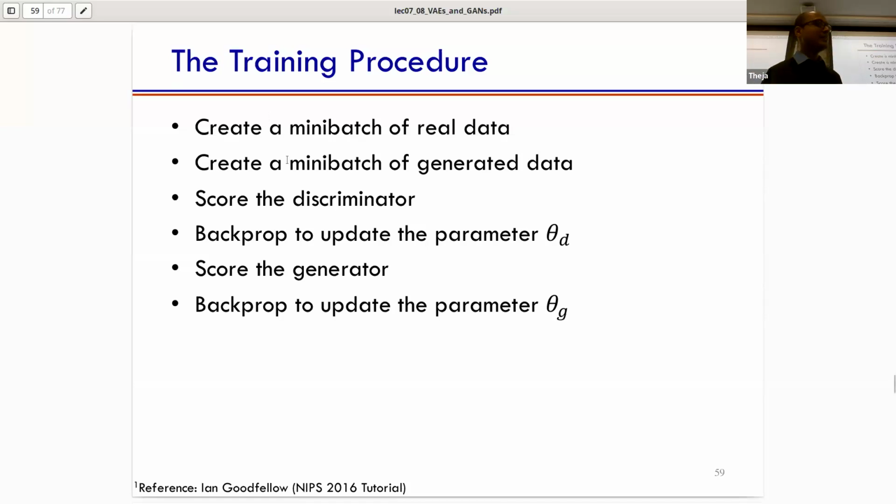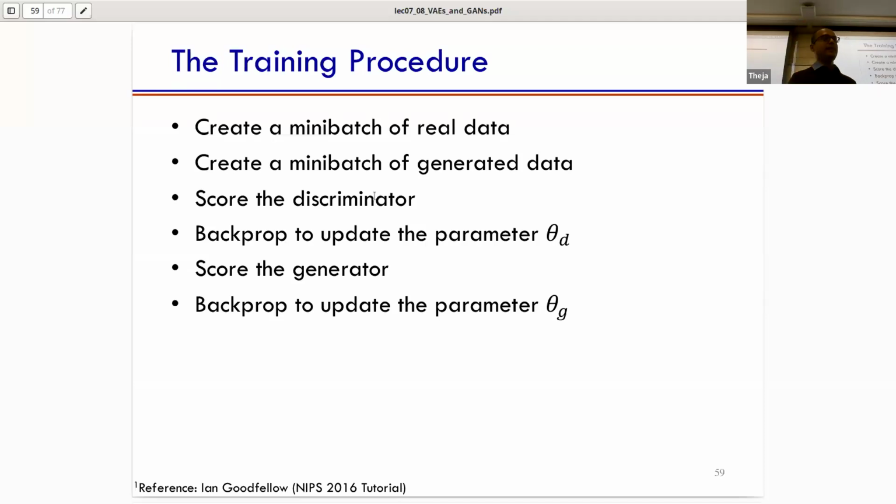Then given these two batches, you can score the discriminator, as in do the forward pass of the discriminator and see the loss function, because the loss is a function of both the real data and the generated data. Then you backprop through the discriminator and update the parameters so that you're hopefully going to have lower losses next time.